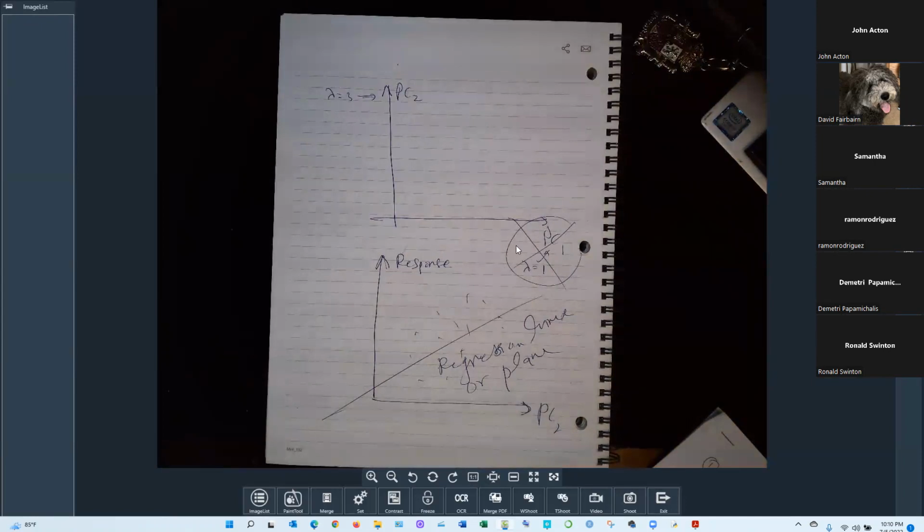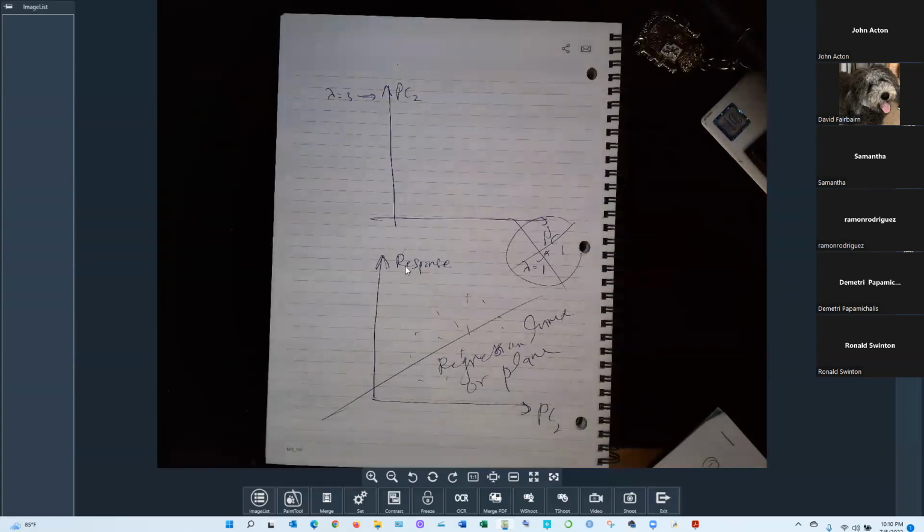According to one of Kaiser's criteria, we're going to take any principal component whose lambda is more than 1. So I'm going to keep this one.